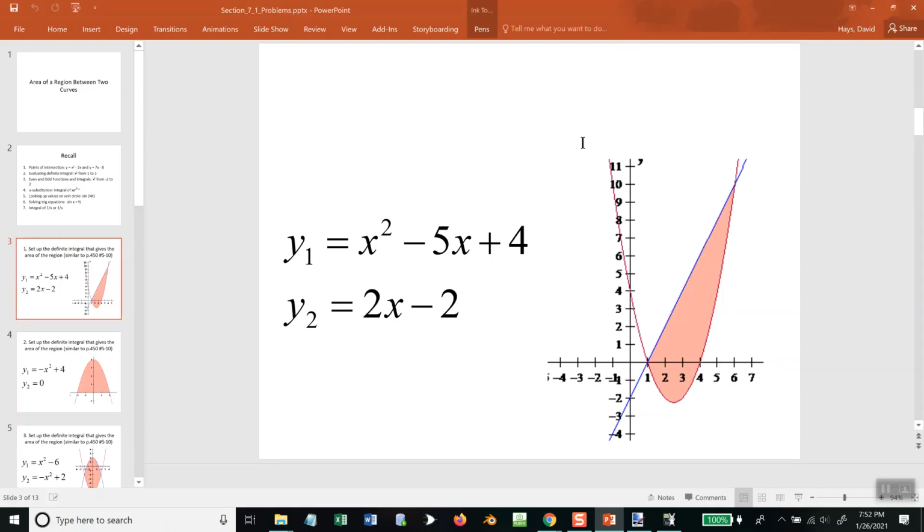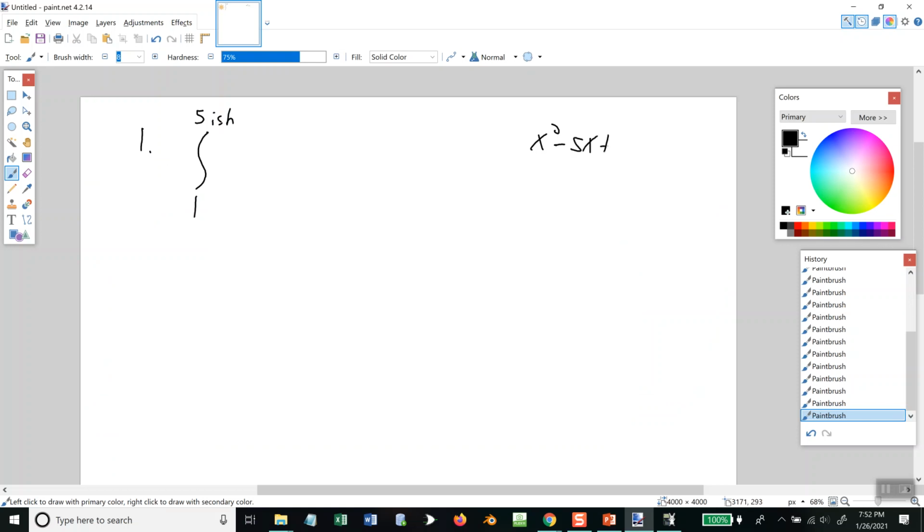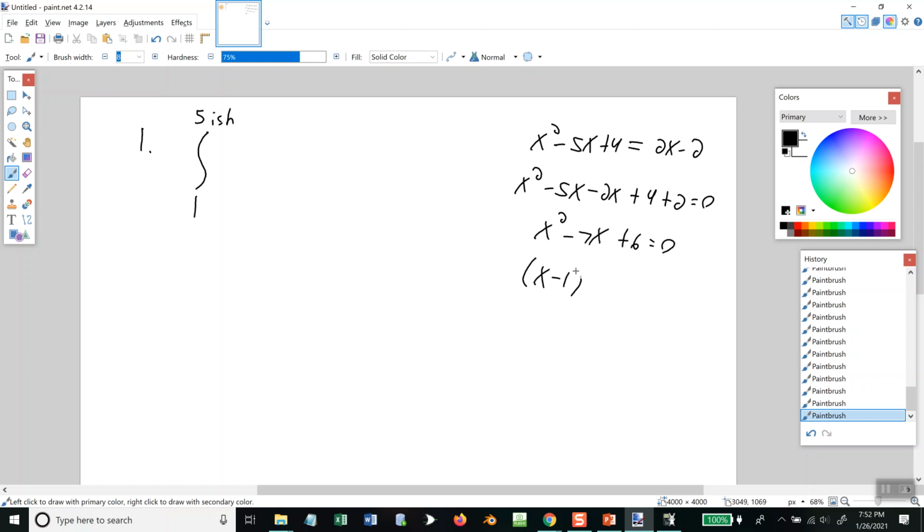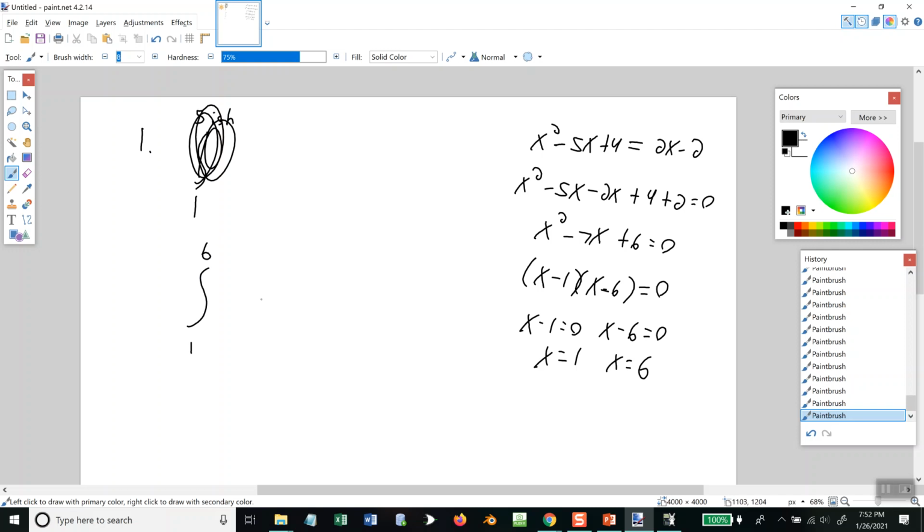So if I did x squared minus 5x plus 4, and I set it equal to 2x minus 2, and then take the 2x over becomes a negative 2x, take the negative 2 over becomes a positive 2. So we got x squared minus 7x plus 6. Factors as x minus 1 times x minus 6. Zero factor property. Set each factor equal to 0. And 1 and 6. Not 5-ish. 6-ish.